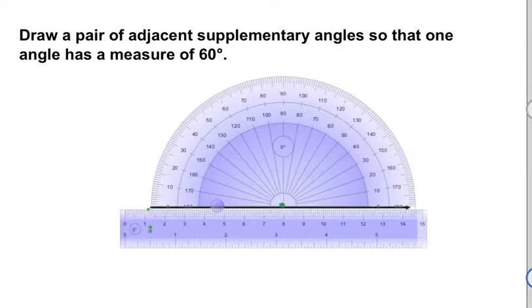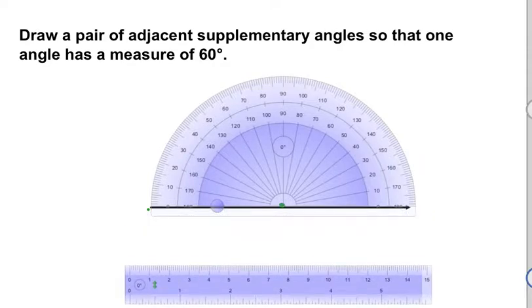So basically, what I'm going to do is I just drew a straight line. Okay? Got my straight line in there. Then I'm going to use my protractor and come up with a 60-degree angle.